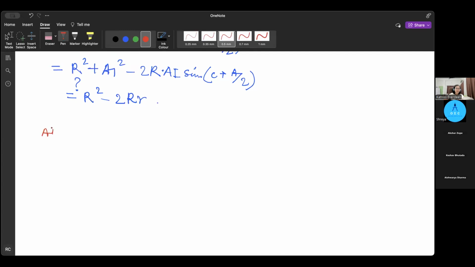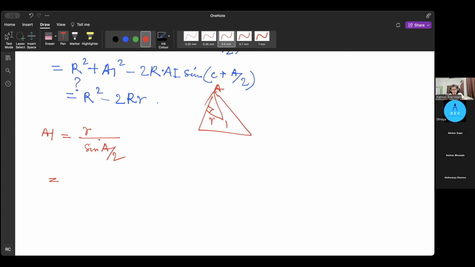Notice that in this tiny triangle, this is r, A, and I. So AI is going to be r by sine A by 2. Just compute sine A by 2 and you'll get that it's r by sine A by 2. And by the formula that we just saw, r was 4R sine A by 2, sine B by 2, sine C by 2.